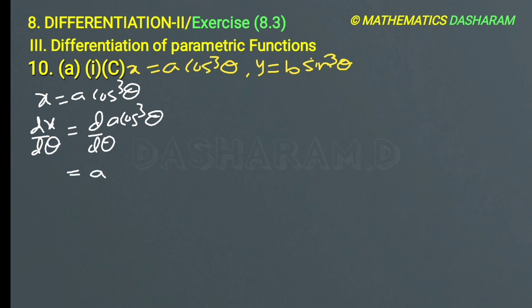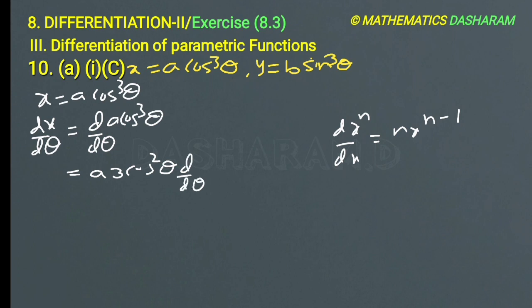For cos cube theta, apply the x to the power of n formula, that is n into x to the power of n minus 1, so 3 into cos square theta. Next, do the derivative of the other function, that is cos theta.